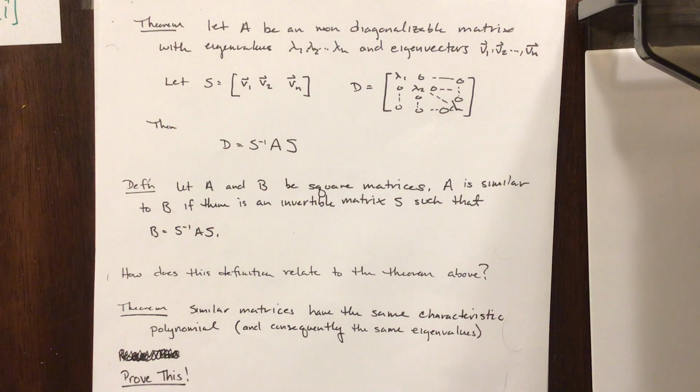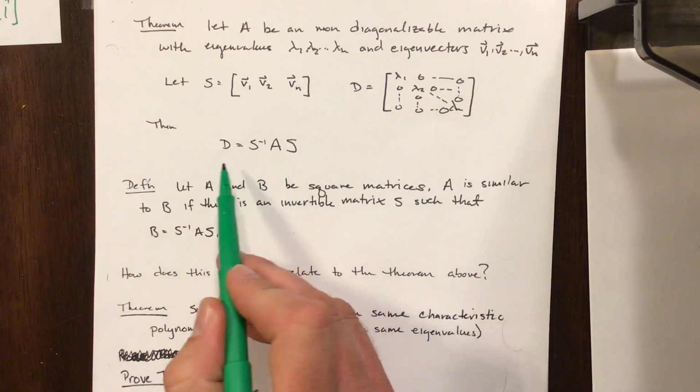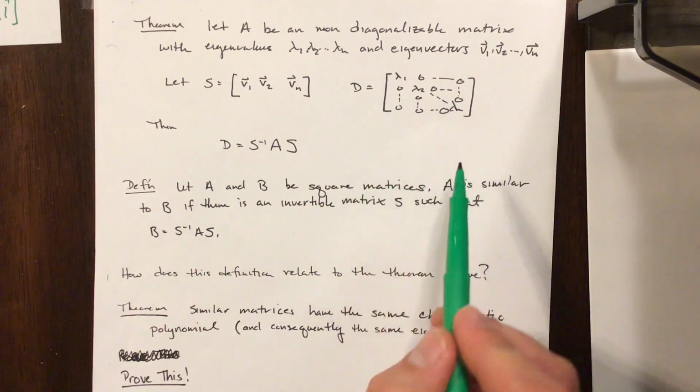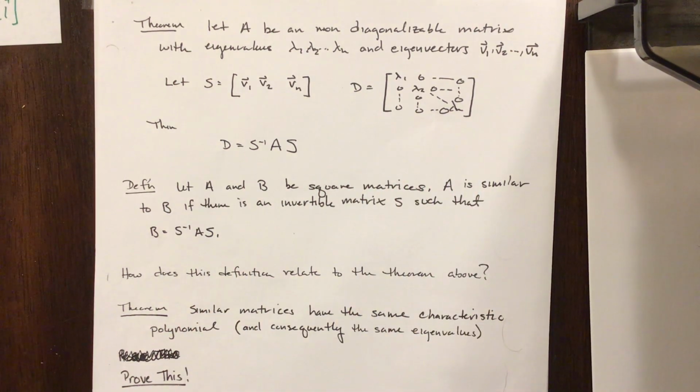We can take the result from it. So this definition of A being diagonalizable when it has a complete set of eigenvectors is related to this diagonal matrix D, which is the eigenvalues of A.